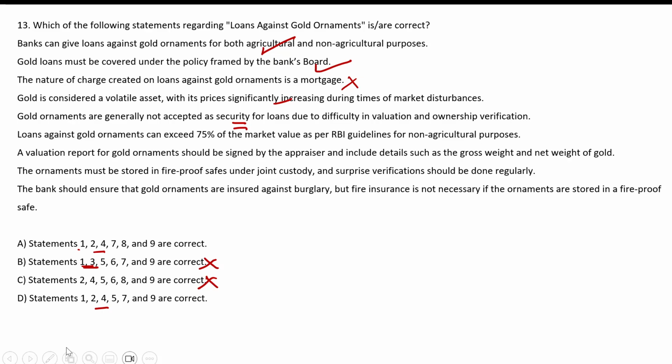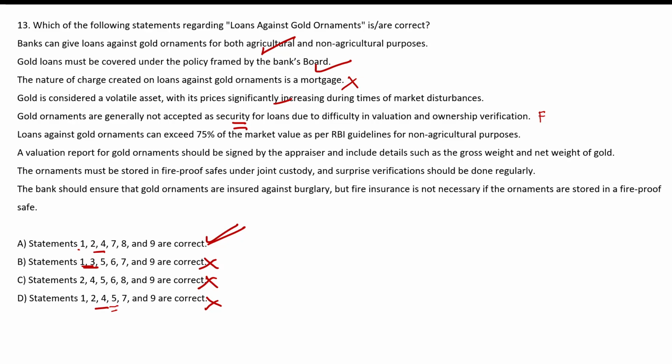So statement number 5 is false. It is present in option D, making option D the incorrect answer, so we can safely eliminate option D. It leaves us with option A, and we are not even required to read other statements.